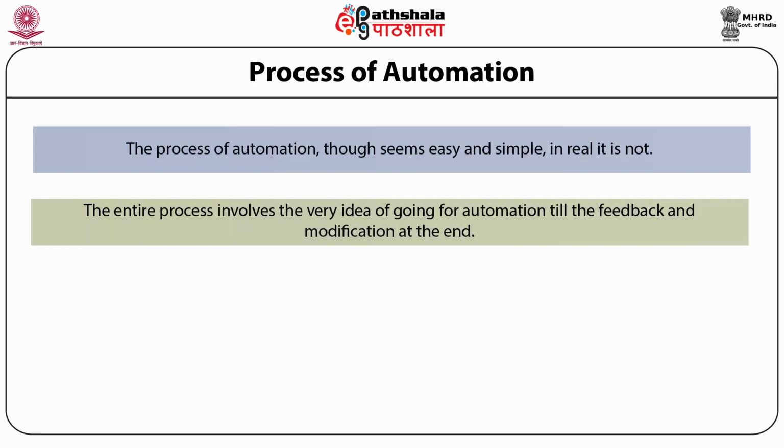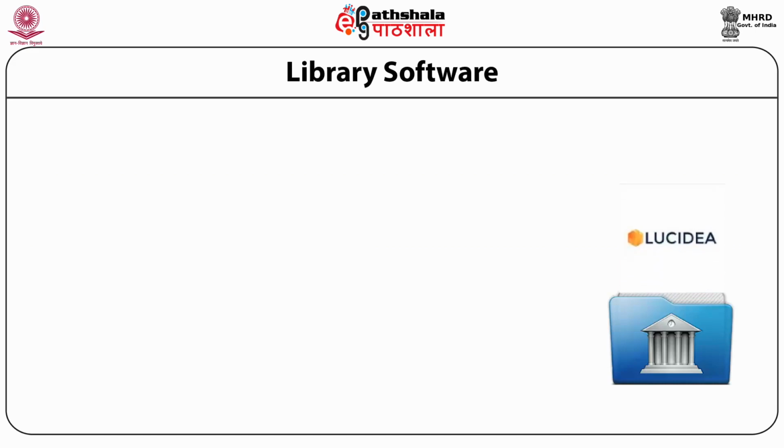Any automation we talk of, as we have mentioned and will be discussing in this module till the end, the concept of automation is through information technology, through ICTs, and through computers. For the library automation process, the first and foremost is library software.